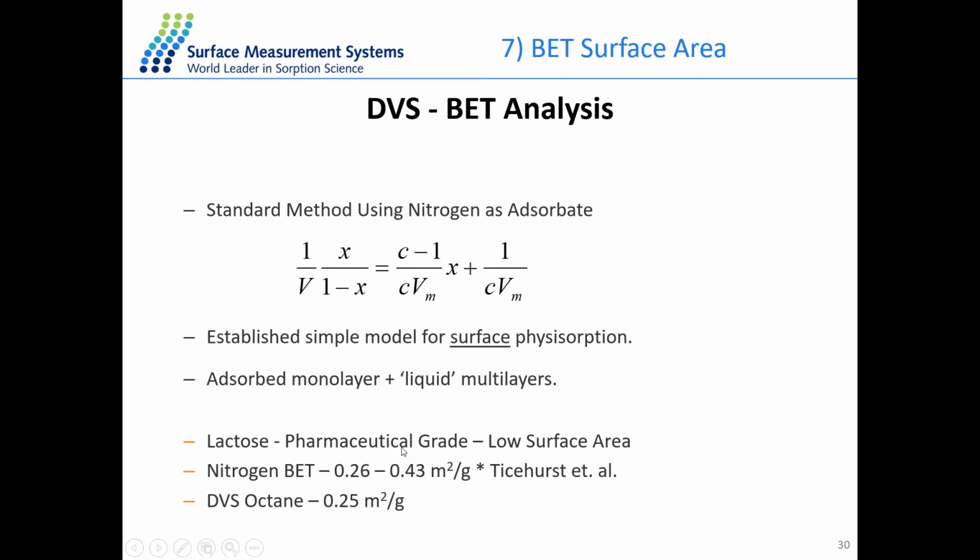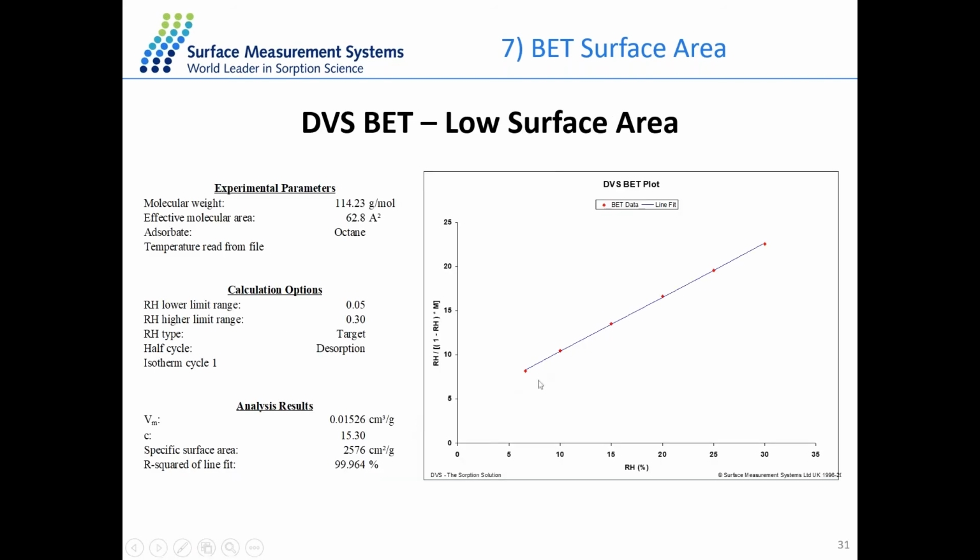What we usually do for the BET surface area is perform organic vapor sorption with octane or ethanol. Then we can get this kind of BET plot, from the slope and the intercept of this line. We can then get the BET surface area of this lactose sample, which is about 0.26 square meters per gram, with a very good linear regression.